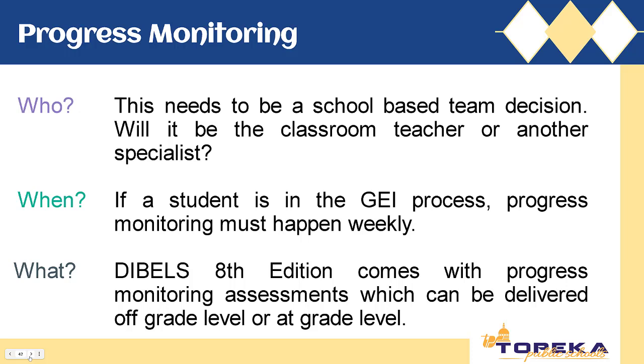When will this occur? Well, if a student is in the GEI process, progress monitoring must happen weekly. And what will be used to progress monitor? Within the DIBELS 8th edition, there are progress monitoring assessments which are already built in, and what's important to note on these progress monitoring tests is that they can be delivered off grade level as well as on grade level.